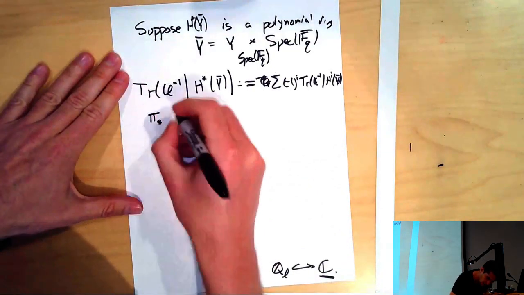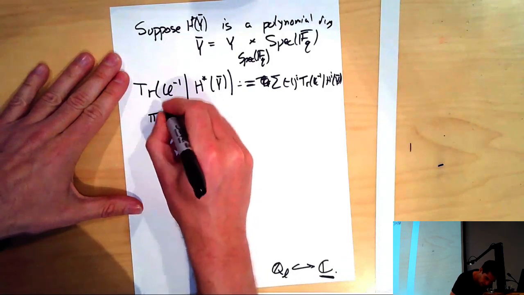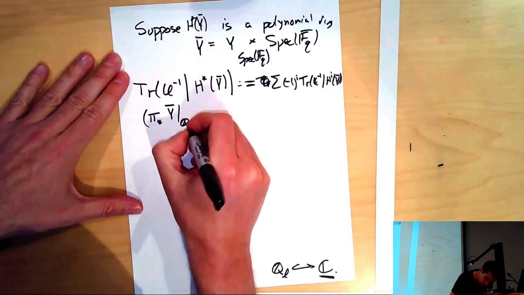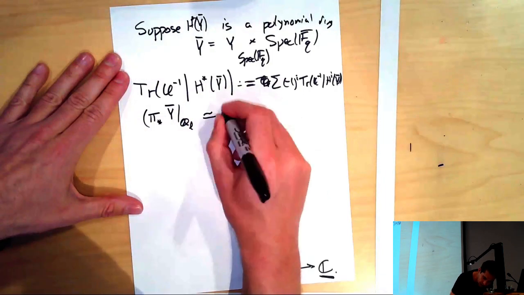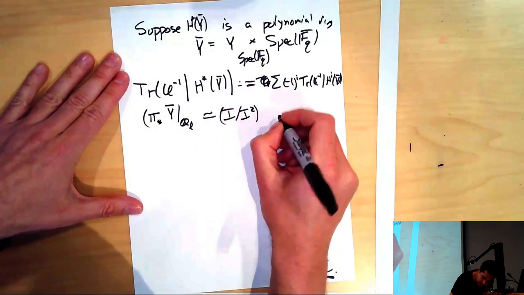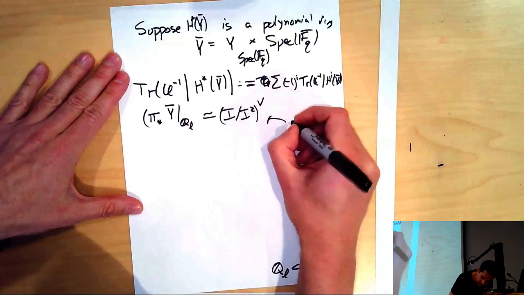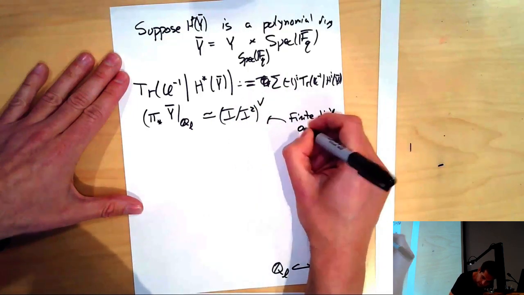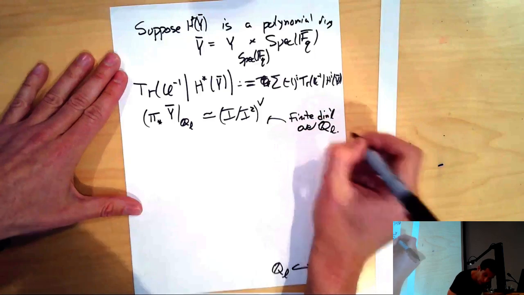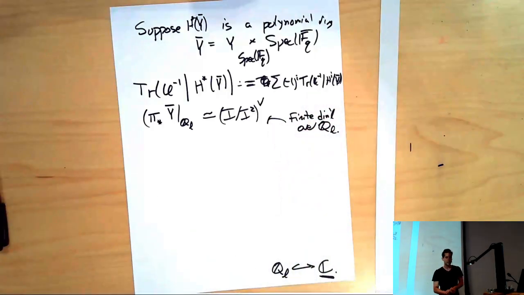So pi star of y bar, QL, I said, is now the dual of I mod I squared, and this is finite dimensional as a vector space over QL and concentrated in even degrees.